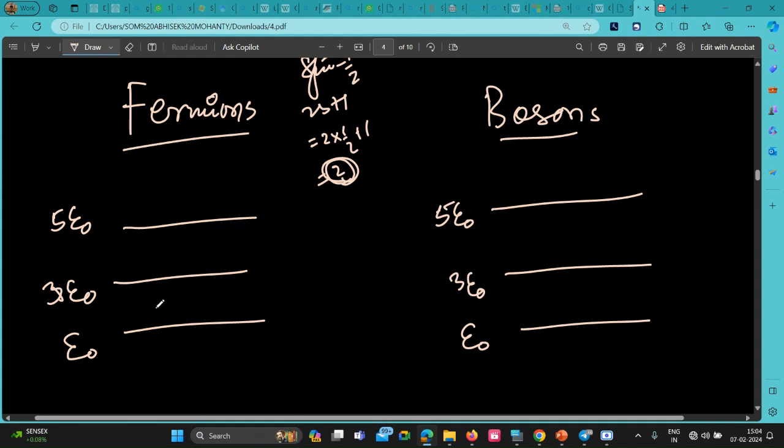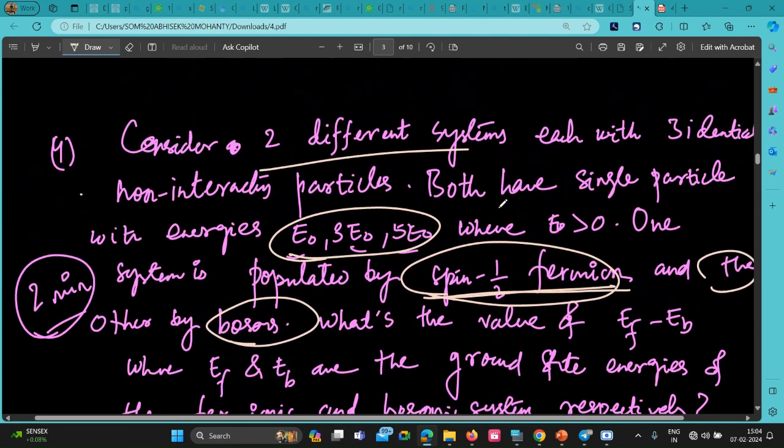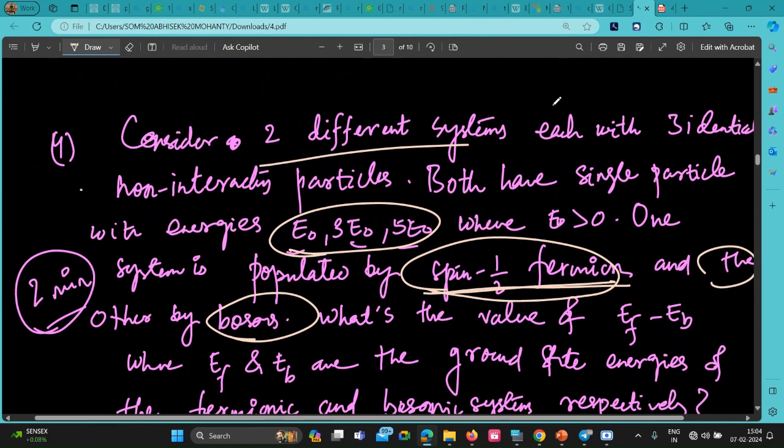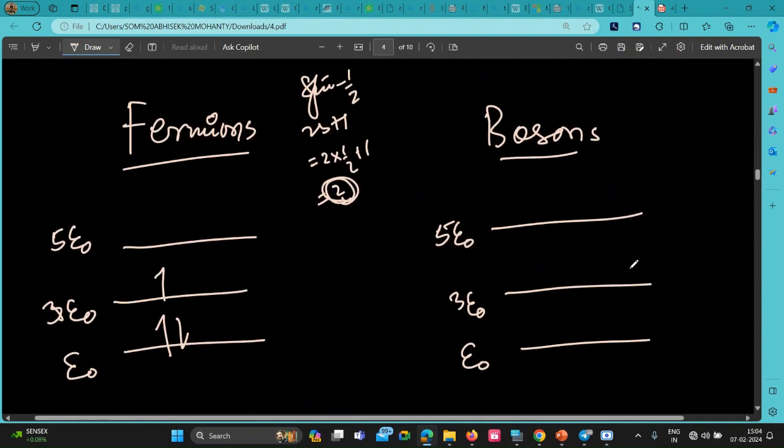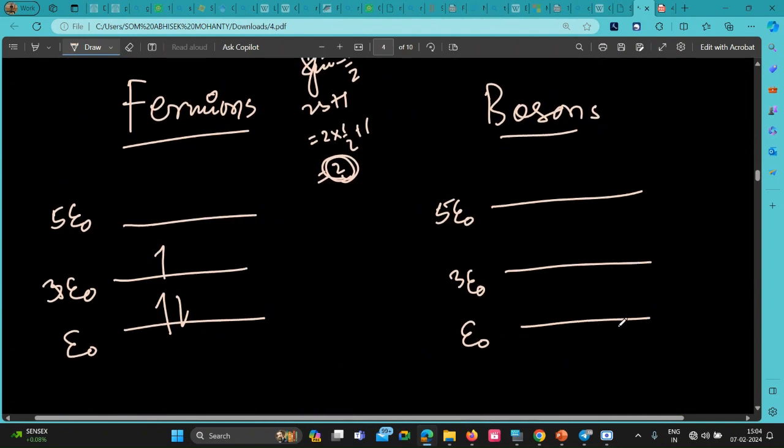So this is the arrangement for fermions. Now, 3 identical particles. For bosons there is nothing like this. In one state we can have all 3 particles.